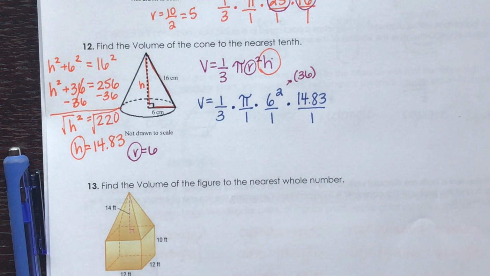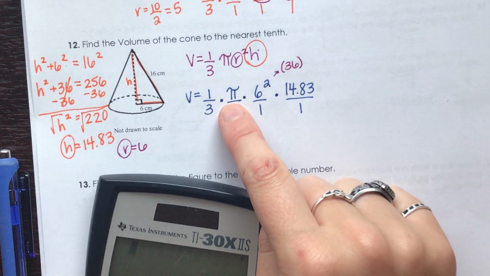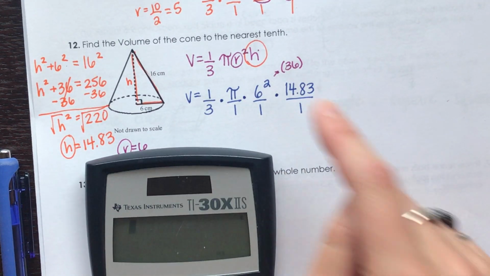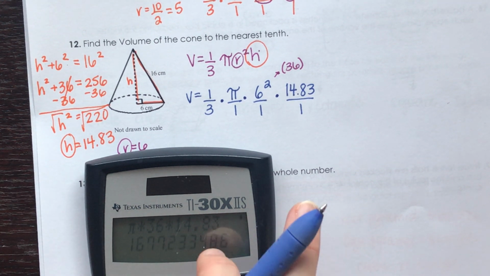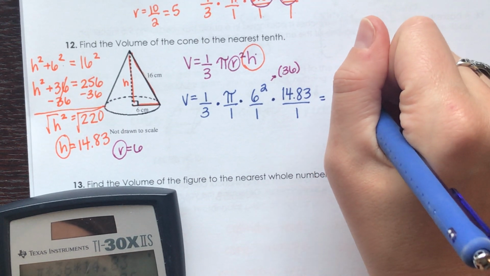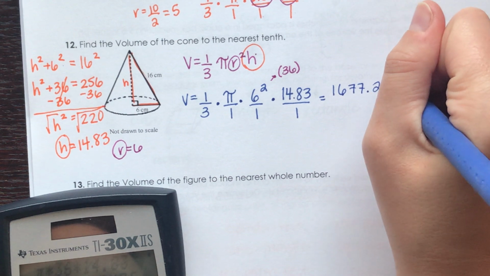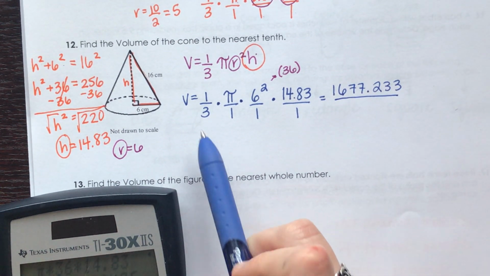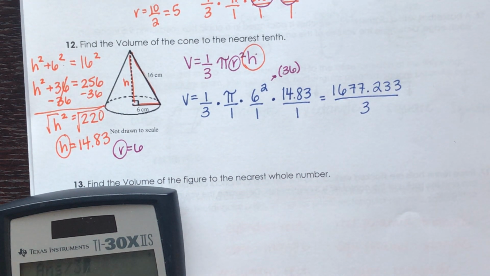So in my calculator, I'm going to multiply pi times 36 times 14.83. Okay, and so on the top I get 1,677.233, and I divide that by 3 times 1 times 1 times 1 gives me 3. So I essentially just divide that by 3.